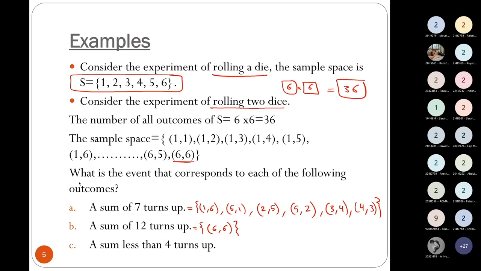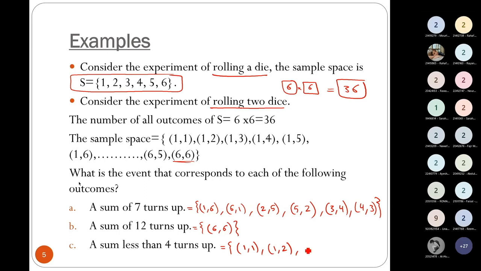Okay. The sum less than 4. Less than 4, not equal to 4. That means the sum equals 2 or 3. So the outcomes of this event are 1 and 1, and 1 and 2. 1, 3 is not included because this equals 4, not less than 4.